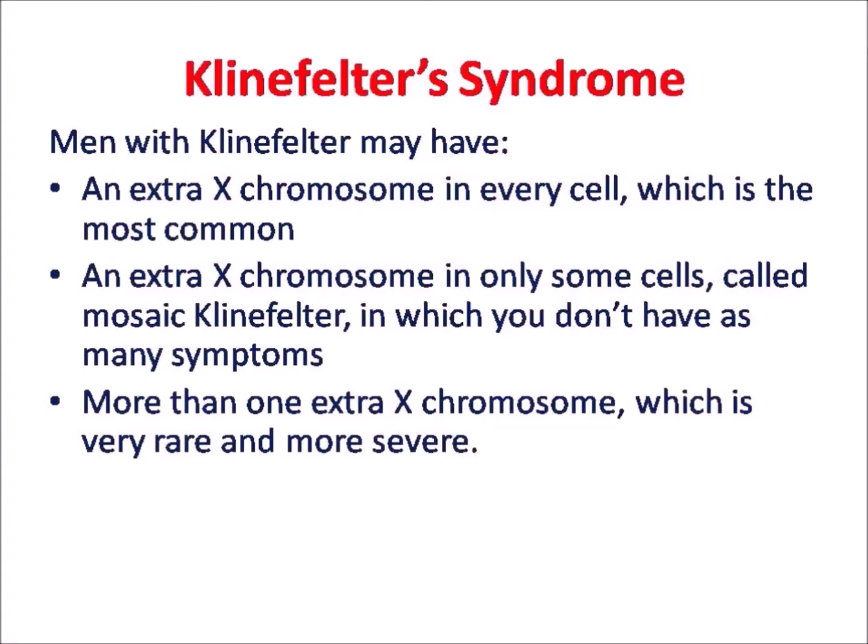An extra X chromosome in every cell is the most common. An extra X chromosome in only some cells is called mosaic Klinefelter, in which you don't have as many symptoms. More than one extra X chromosome is very rare and more severe. As it is 44 autosomes plus XXY or XXXY, up to 49 chromosomes can be seen in Klinefelter syndrome.